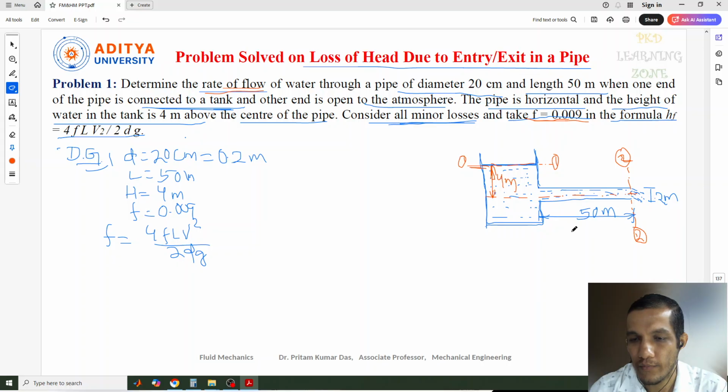Between section 1 and section 2, this is the center line, and this line can also be considered the datum line of this fluid.